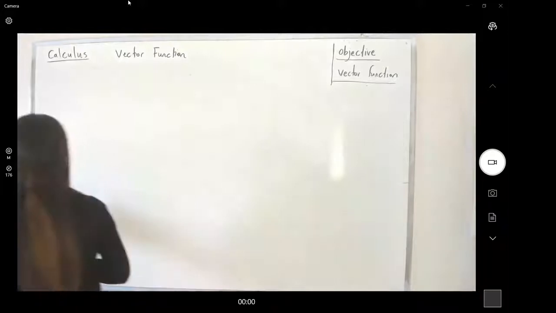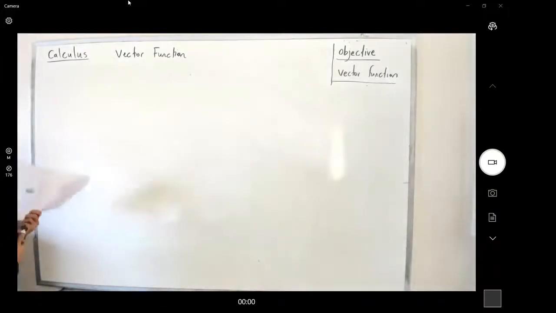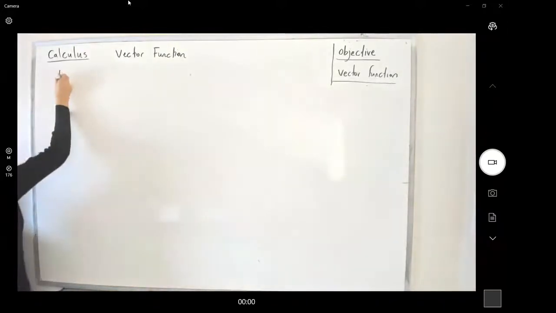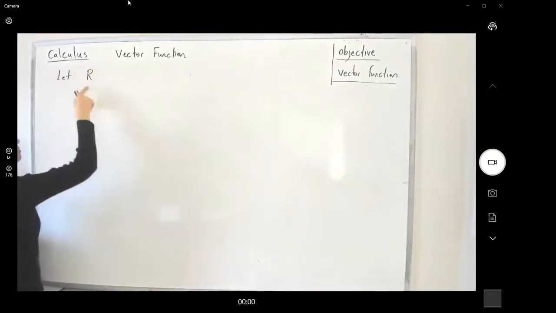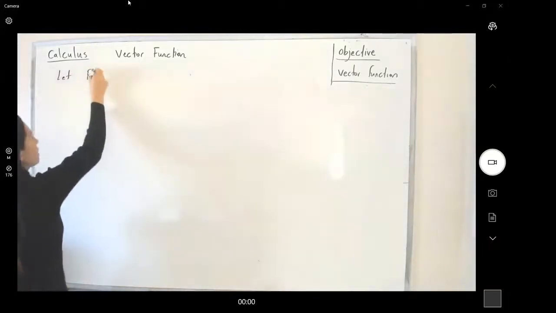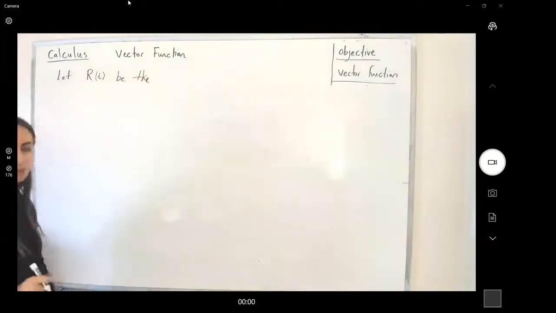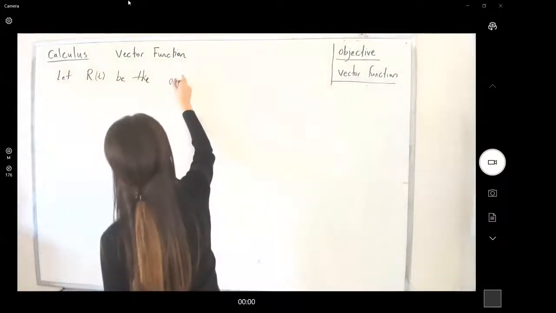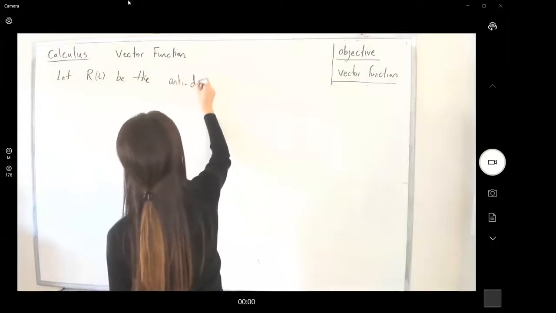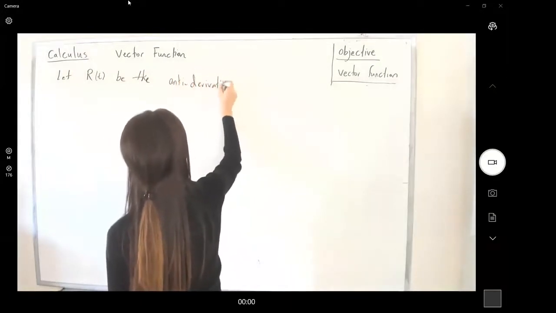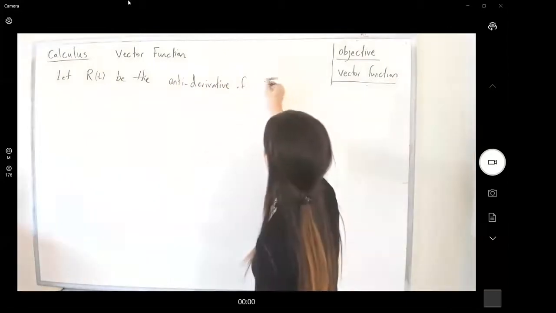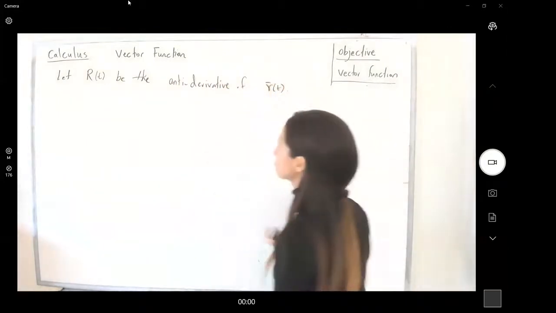So let R of t be the antiderivative of the vector function r of t.